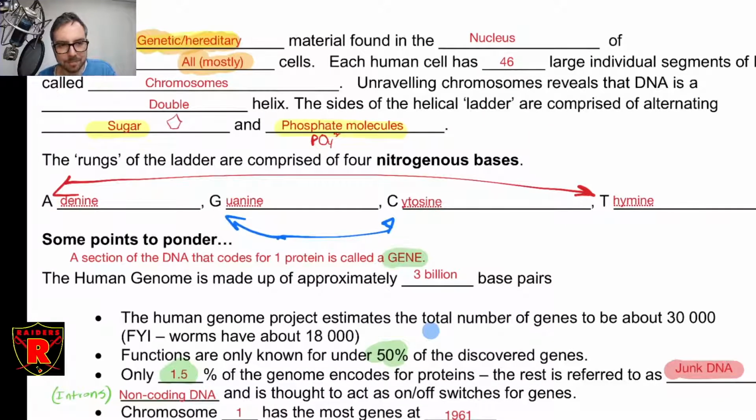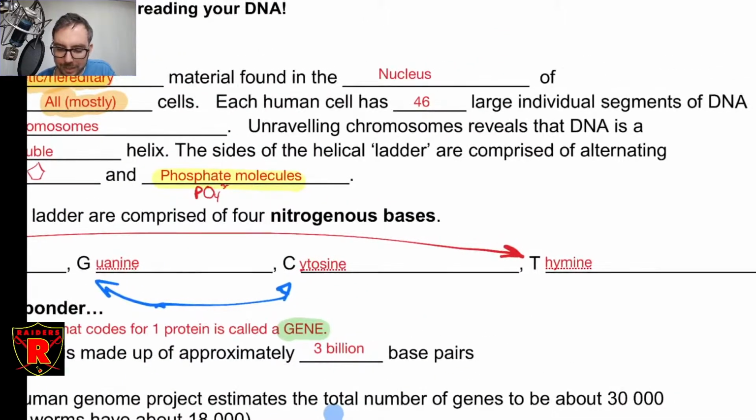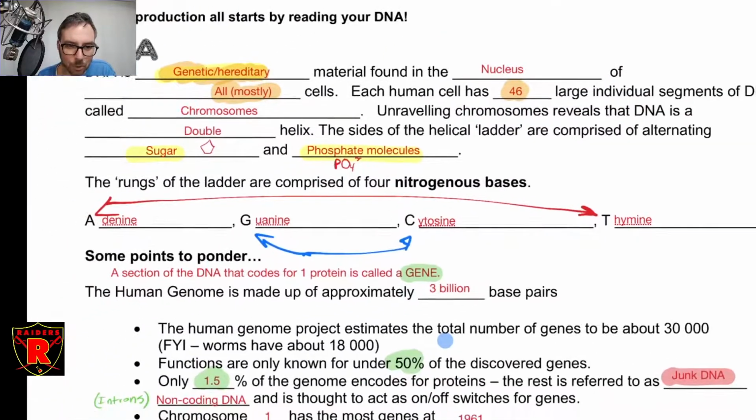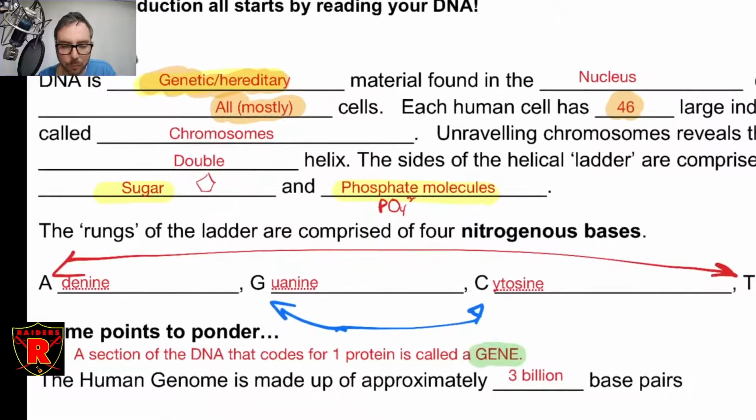In any cell, you have 46 big long segments of DNA, pieces of DNA, sticks, if you will, of DNA. And those are called your chromosomes. Okay? And when I say you have 46, I mean you're a human, so you have 46. Not every organism has 46.